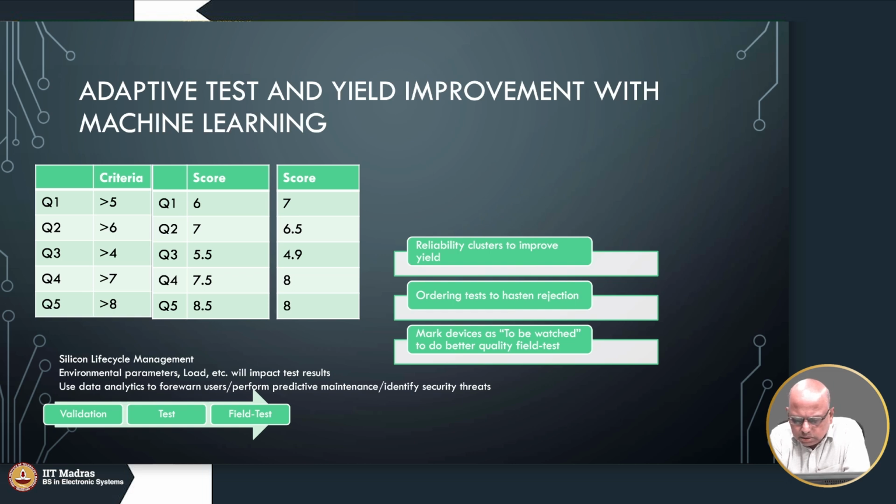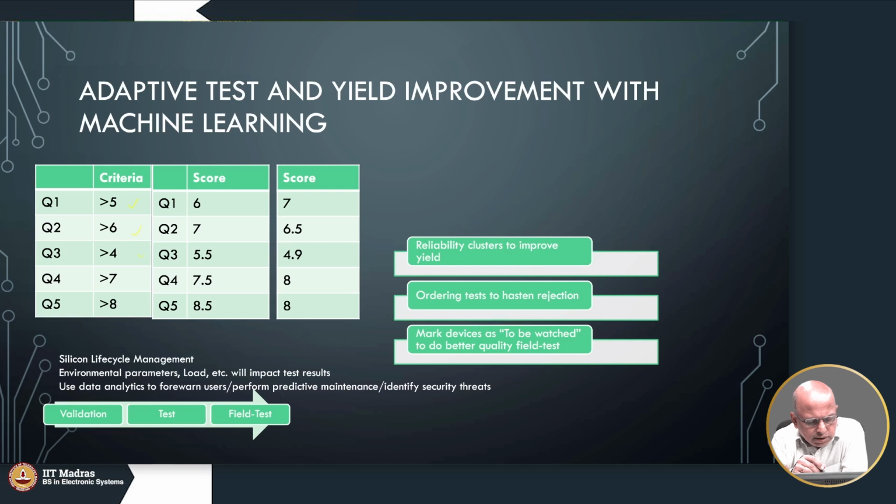Earlier I mentioned something called adaptive testing. Now here is, let us say, a question paper that somebody has designed. Let us say these questions are labeled Q1, Q2, Q3, Q4, Q5, and if you get more than 5 marks in a question, you pass that.